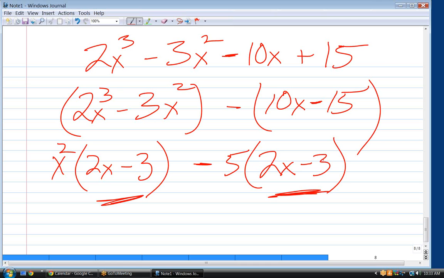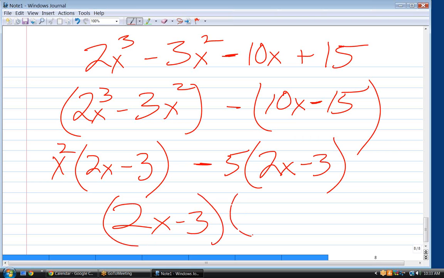If this came out to be 2x plus 3, we could go no further. The fact that it's the same term as over here means now what can I factor out? 2x minus 3, in parentheses. And what's the rest of it? X squared minus 5. Oh yeah, x squared minus 5.